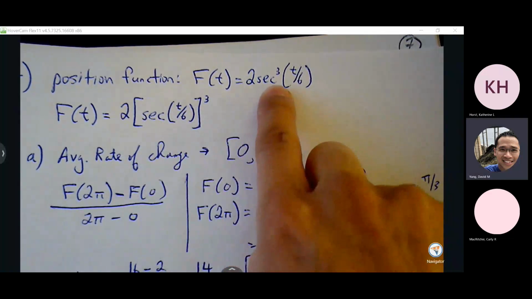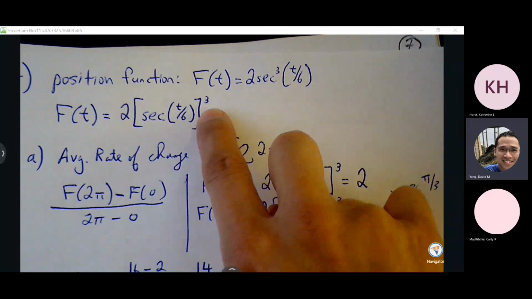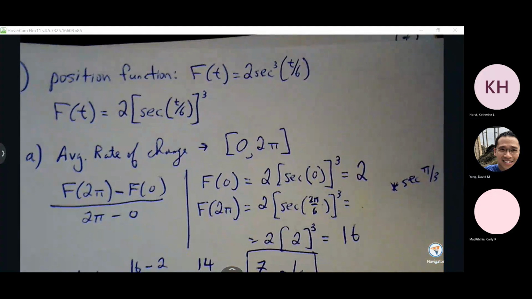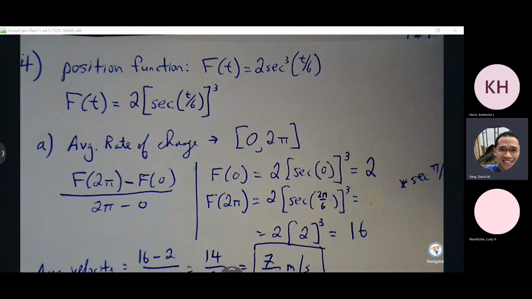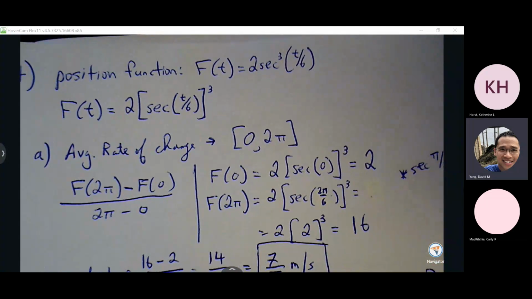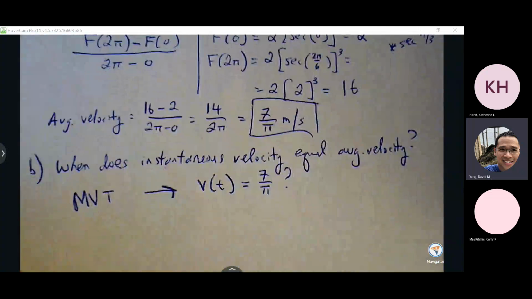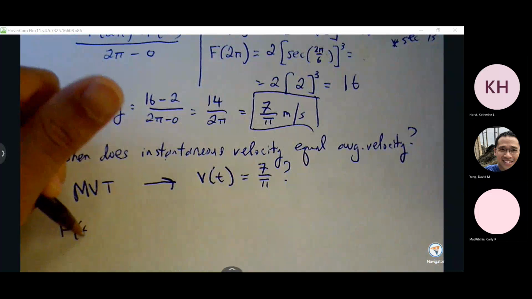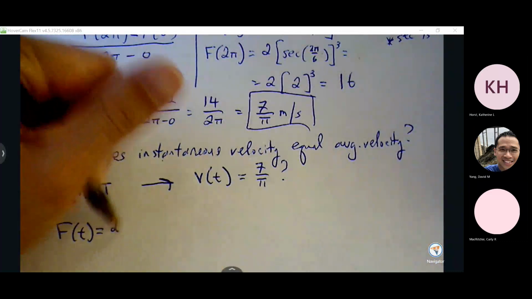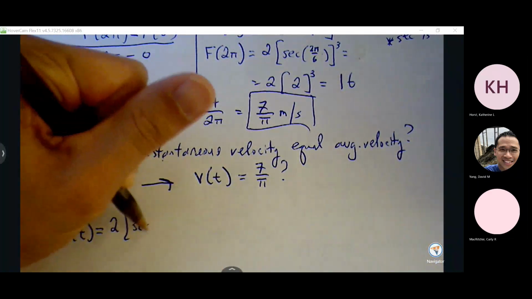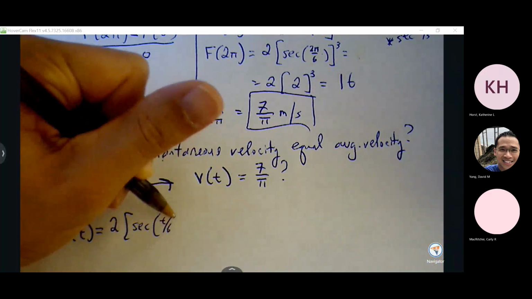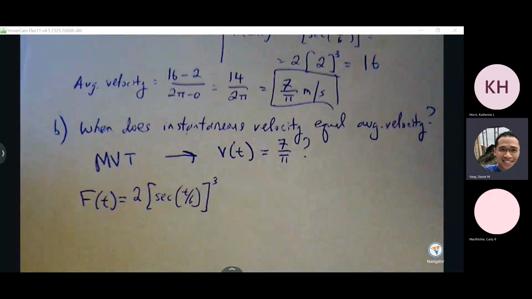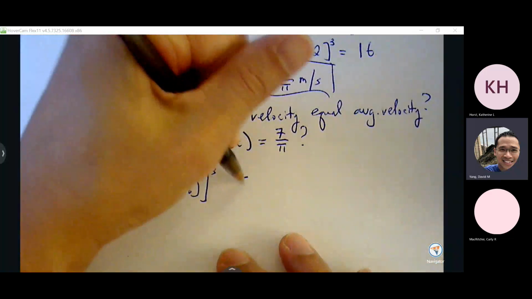Having that rewritten with the bracket and the exponent on the outside makes it a lot more clear how we're going to build this derivative. So to find the velocity function, I have to find the derivative, and we say chain rule.